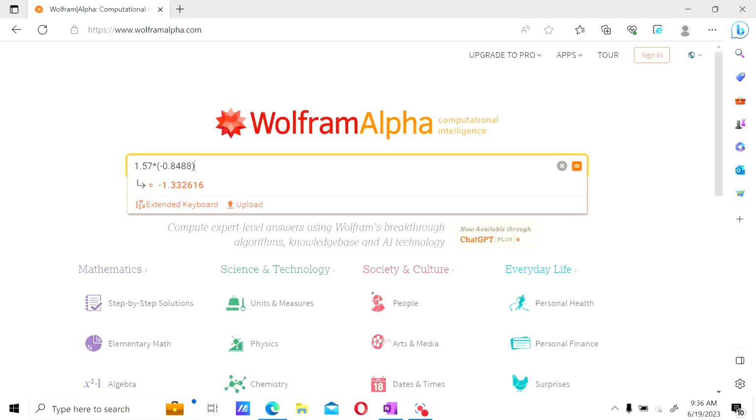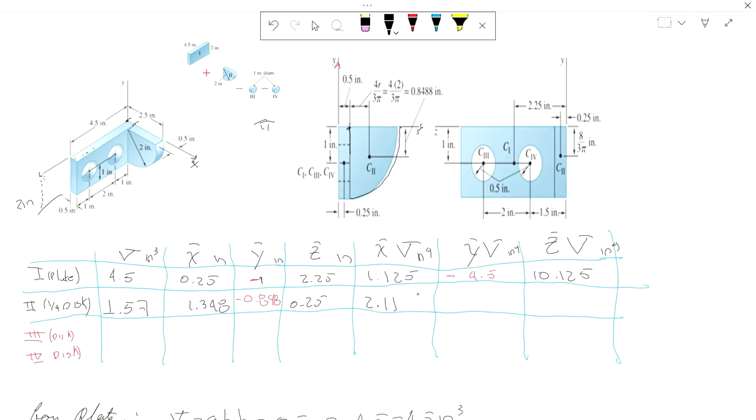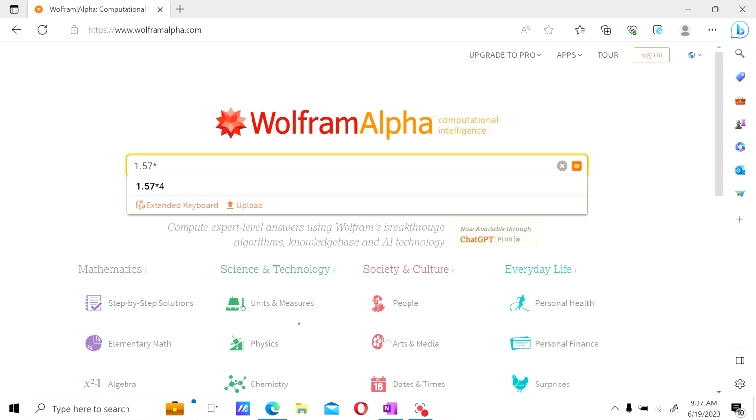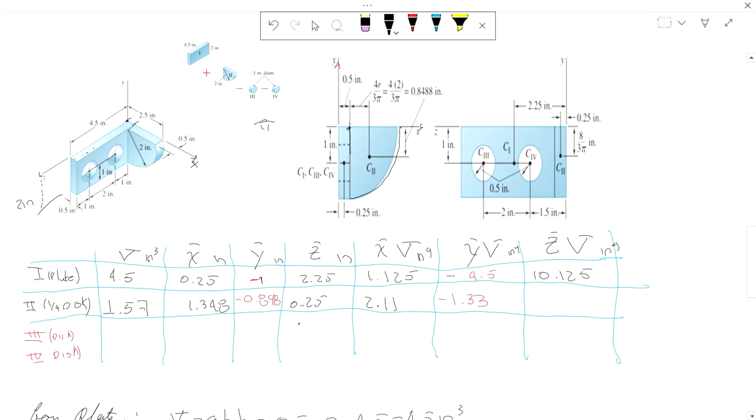Negative 1.33. And z, we have 1.57 times 0.25. All right, and that is 0.3925.